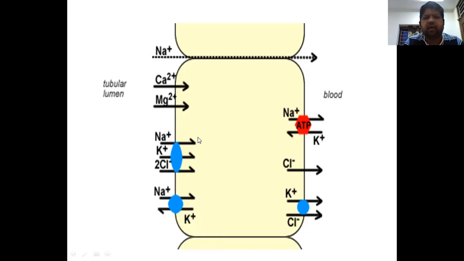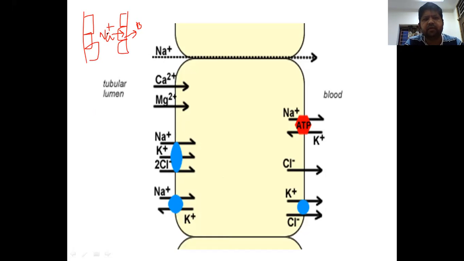And this is your tube. Suppose this is your nephron, as I discussed last time. There will be cells on either side. Sodium will be reabsorbed from the lumen, so it will enter into the cell, and from the cell it will enter into the blood.